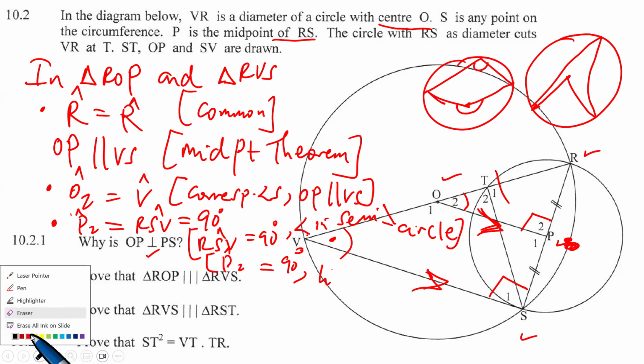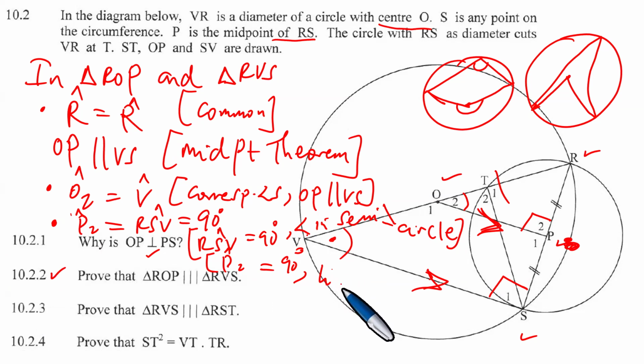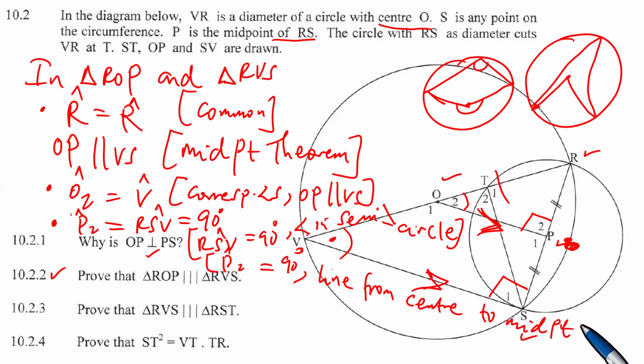Line from center to midpoint of chord. So therefore, triangle ROP is similar to triangle RVS.